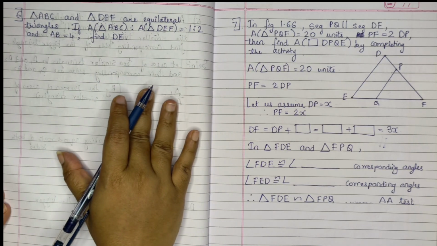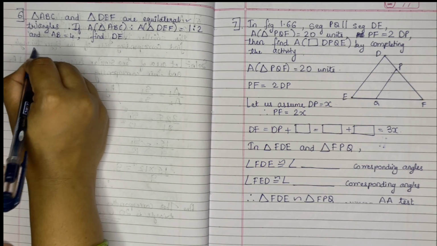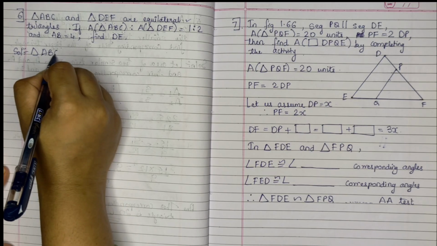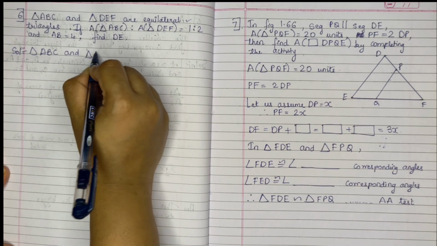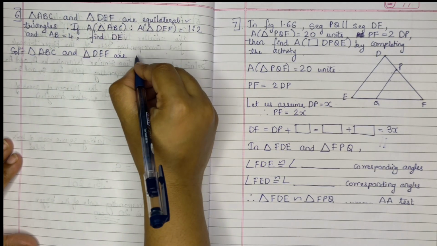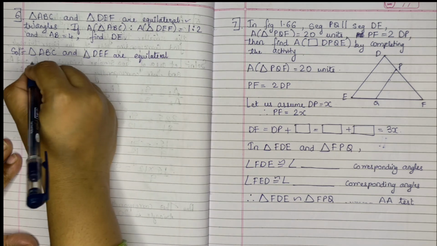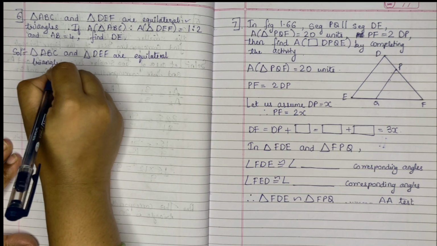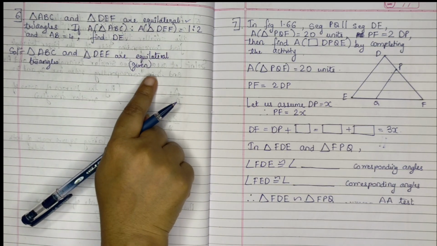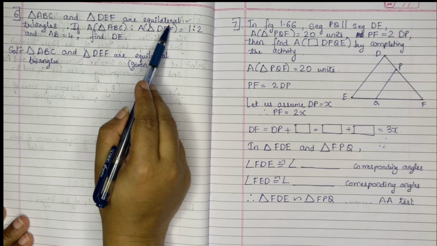Okay, so first we write the solution. Triangle ABC and triangle DEF are equilateral triangles. This is given. Now we know that equilateral triangles are always similar.